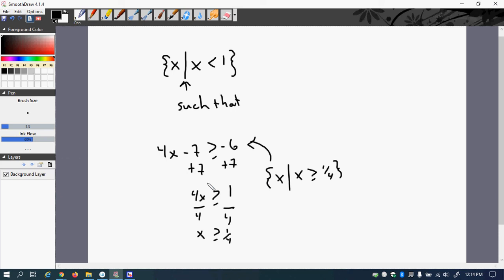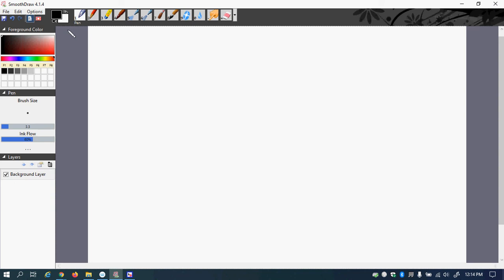Let's do another one. Let's say we do decimals. How about that? So we have 0.4 times the quantity 2x minus 5 is less than 1.1x plus 2. First of all, we're going to have to distribute.